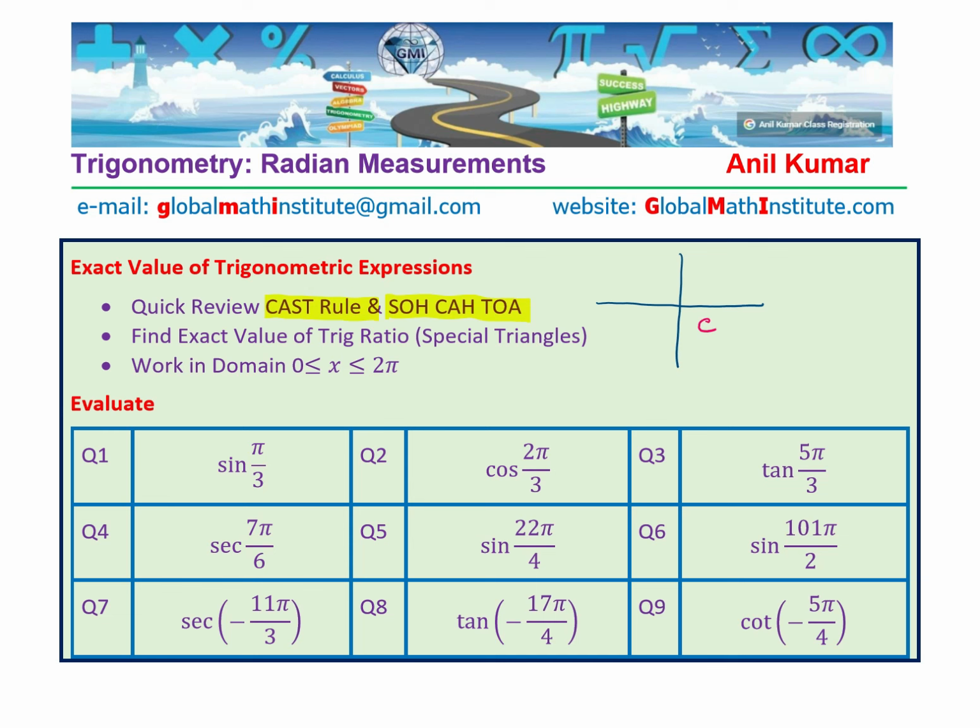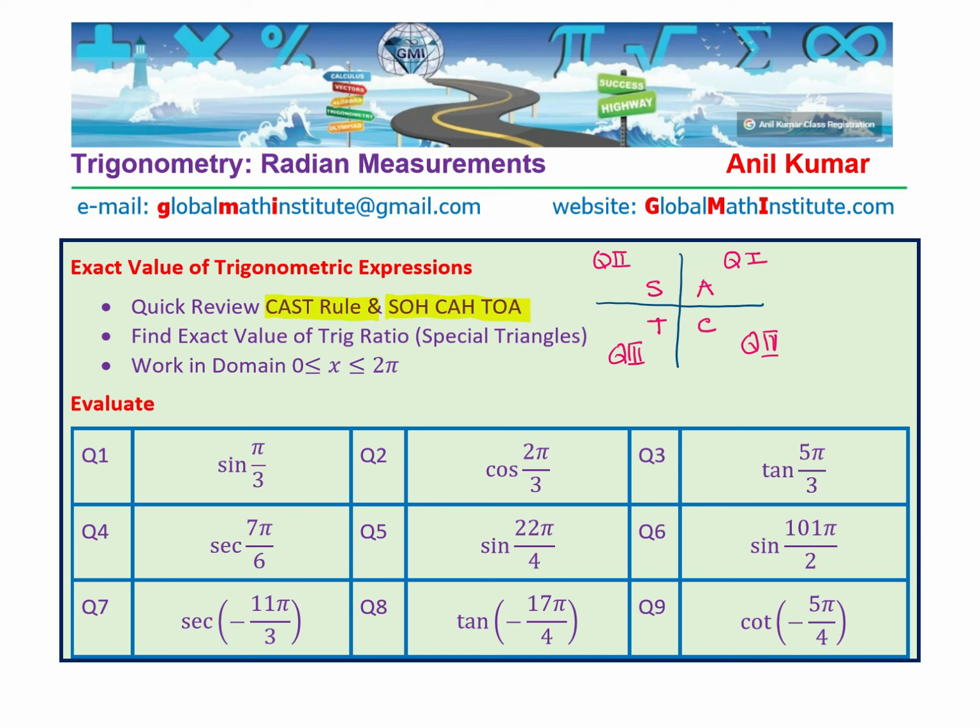So we will write the CAST rule starting with quadrant 4. A here means that in quadrant 1 all are positive, quadrant 2 only sine is positive, and its reciprocal cosecant will therefore be positive. Quadrant 3, tan and cotangent are positive. Quadrant 4, cosine and its reciprocal secant are positive.